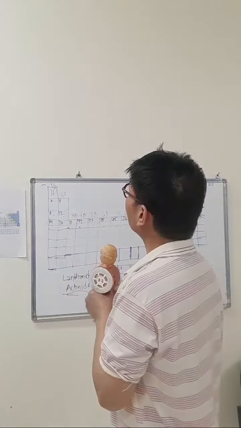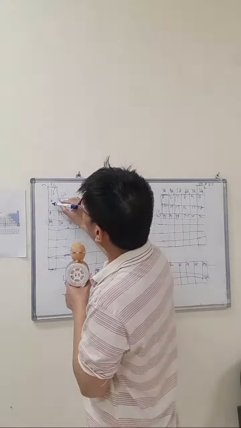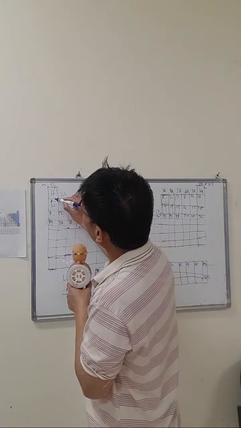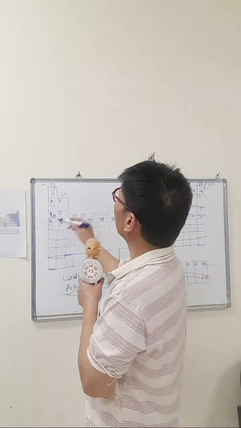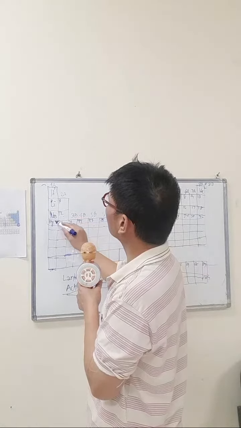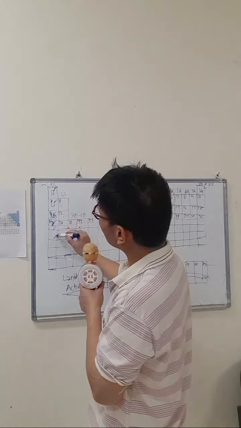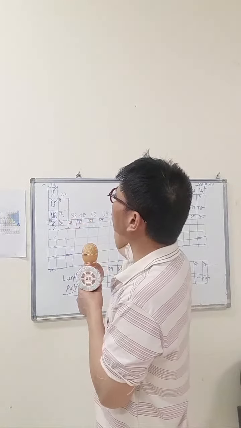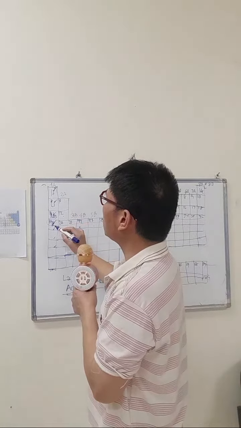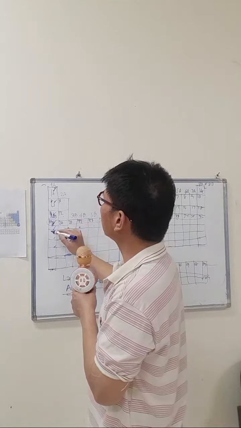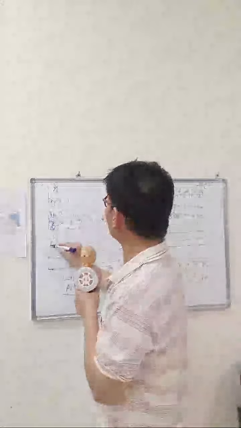So, that is in 1A because that is alkali. So, this is hydrogen, lithium, sodium, and then we have potassium, 1, 2, 3, 4, 5, 6, and then we have also rubidium, cesium, and then francium.